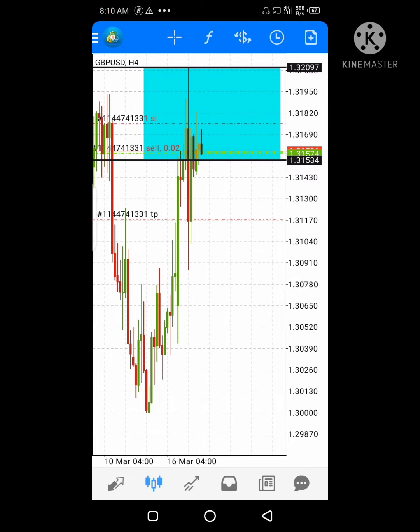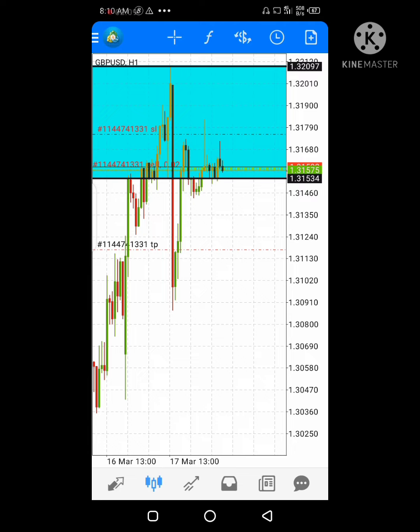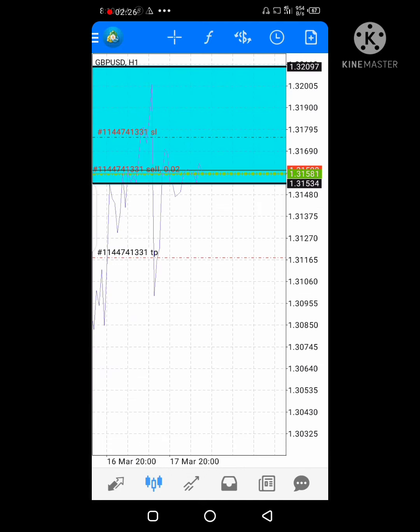When we see the engulfing, we need to go over to a lower time frame and look for opportunities. And in the lower time frame, the opportunity that we're going to be looking at is still engulfing or hammer. But in this case, what I use as my entry is I just go to line chart.